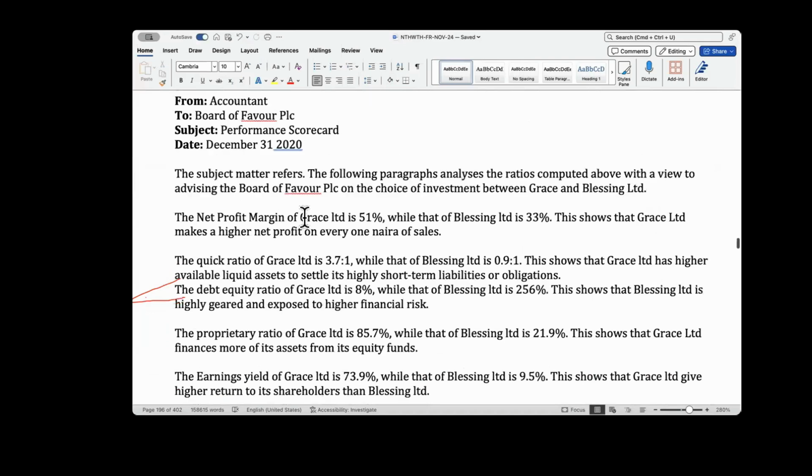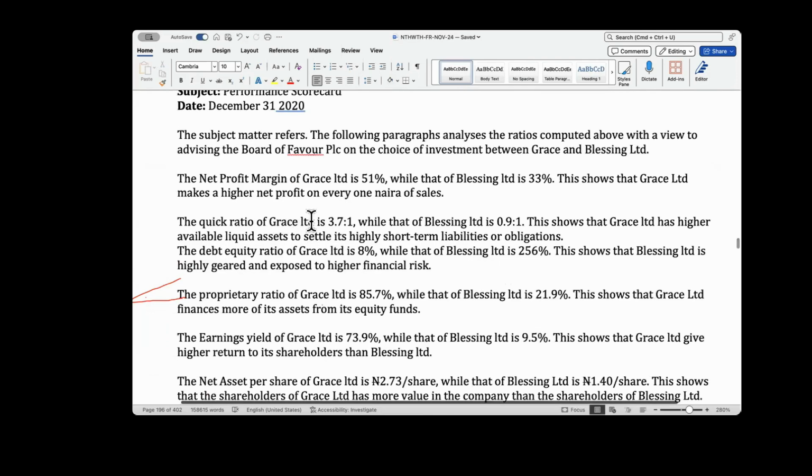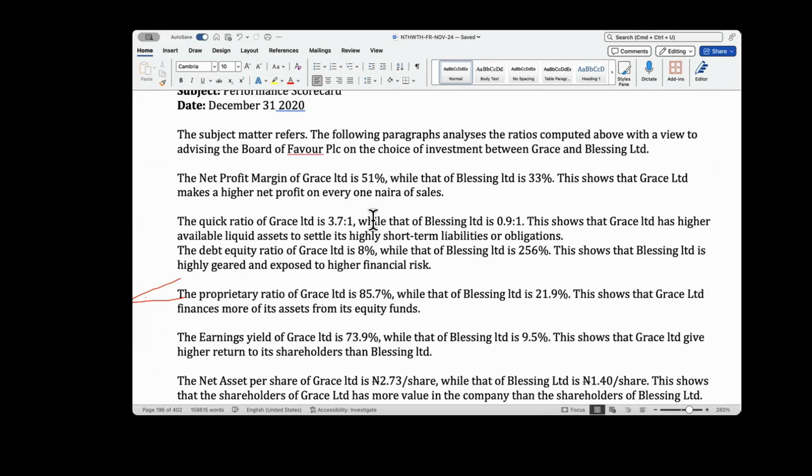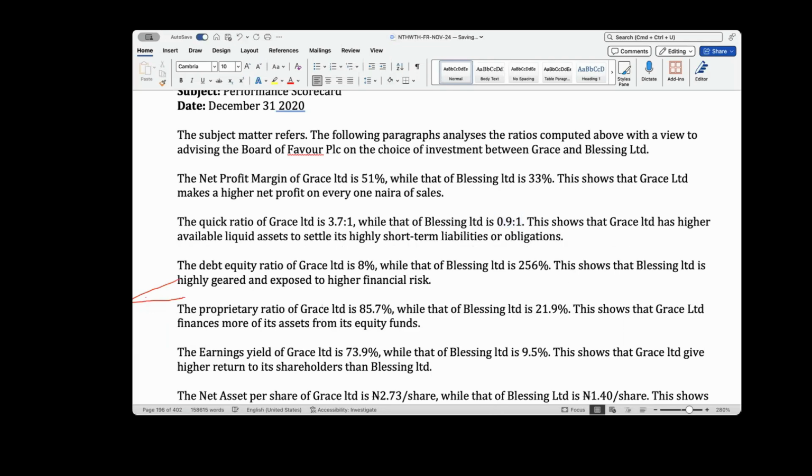I said the net profit margin of Grace is 51%, while that of Blessing is 33%. This shows that Grace makes a higher net profit on every 1 naira of sales. The quick ratio of Grace is 3.7:1, while that of Blessing is 0.9:1. This shows that Grace has higher available liquid assets to settle its short-term liabilities or obligations.